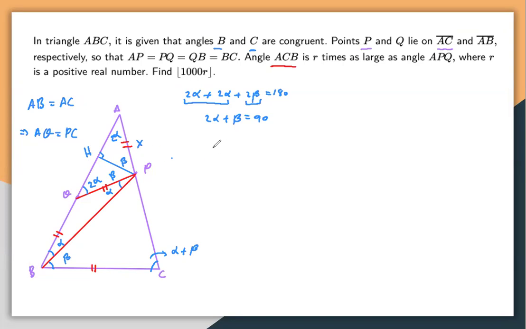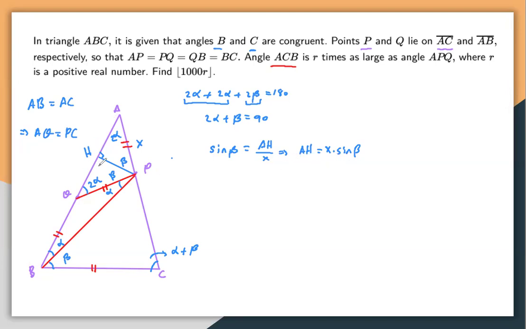So if I take sine beta, that will be equal to AH over X. So AH will be X times sine beta. Okay, so we got this.